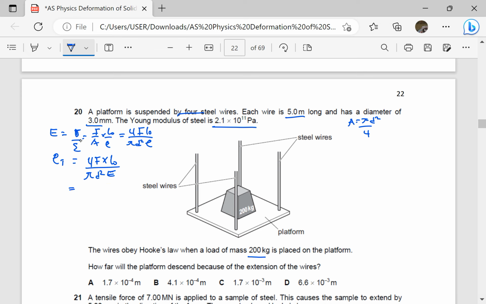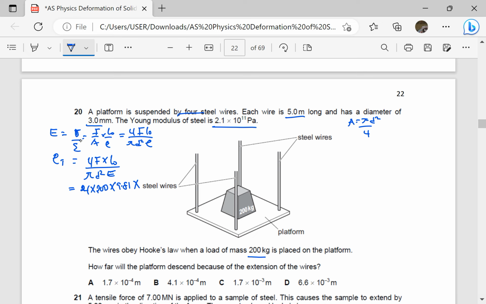So we shall substitute here. So this is going to be 4 times 200, that is the mass, times 9.81, that is changing the mass to weight, times the original length of each wire. They have told us that each wire is 5 meters long, but we don't know by how much it extends.